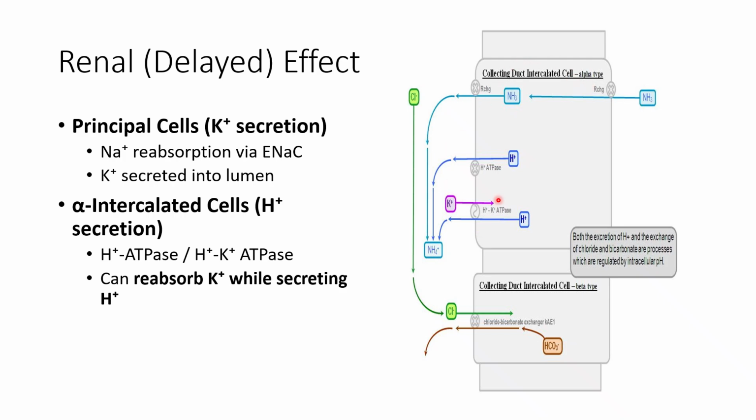Now this cell will lose this H plus, but in return will gain potassium. So this will further increase the tendency of a patient with acidosis to have hyperkalemia. And the reverse happens in alkalosis: to prevent any H plus secretion, this channel will be hampered. So there will be no more potassium reabsorption, thus increasing the tendency to develop hypokalemia.